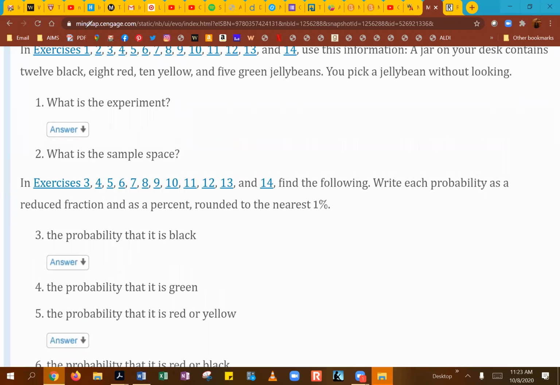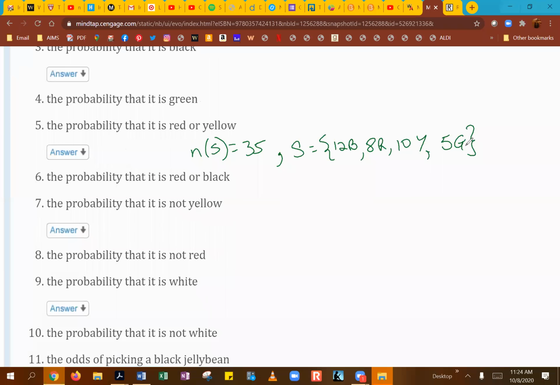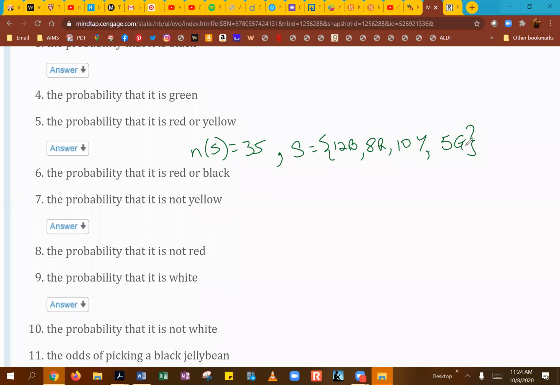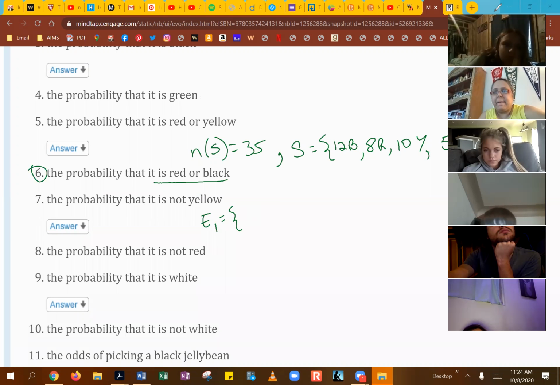So we know we had 35 outcomes in this, and then our sample space itself had 12 black, 8 red, 10 yellow, and 5 green. So let's use that here on number 6. Now this time they're talking about our event having red or black. So what outcomes would you put inside this event 1 for the red or black?